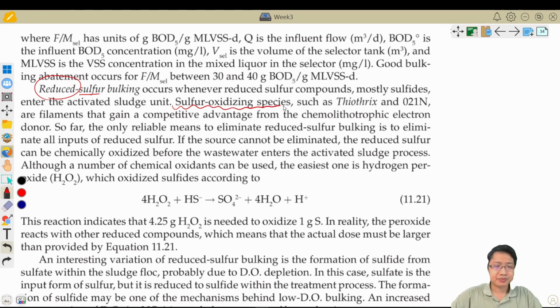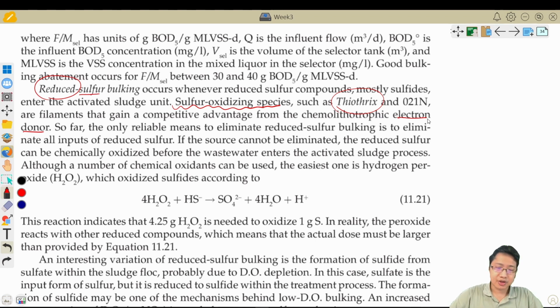Those filamentous bacteria use sulfur as their electron donors, such as the Thiothrix genus, and so they gain a competitive advantage from the chemolithotrophic electron donor. So if you have those donors in your influent, they will thrive.